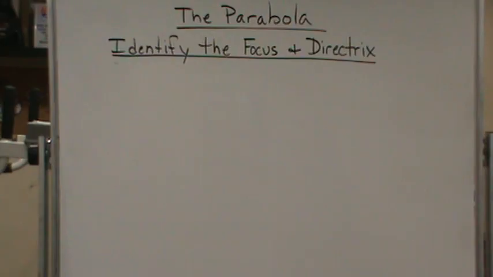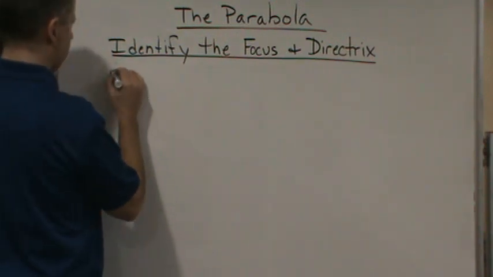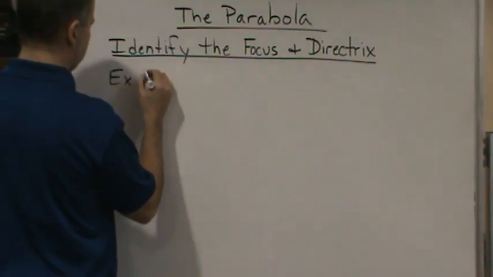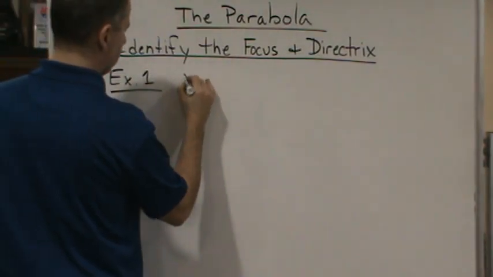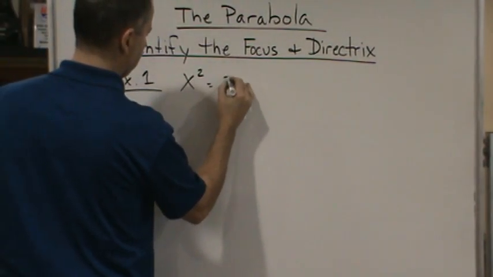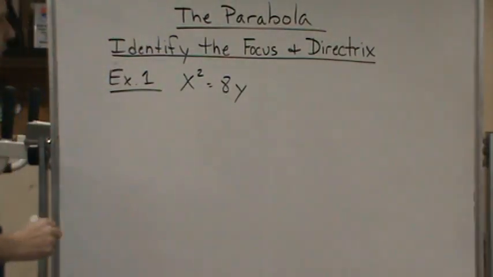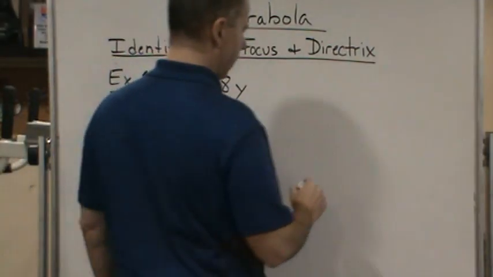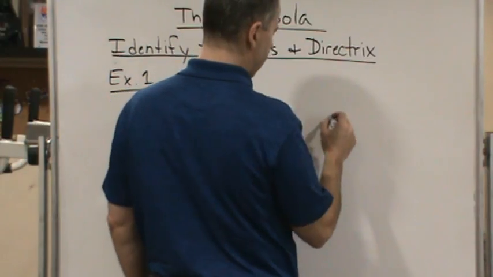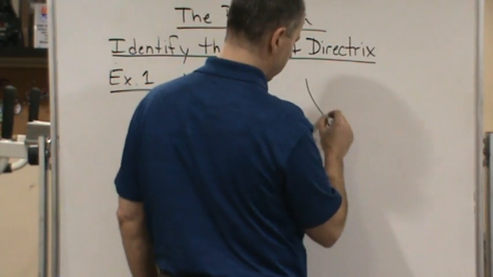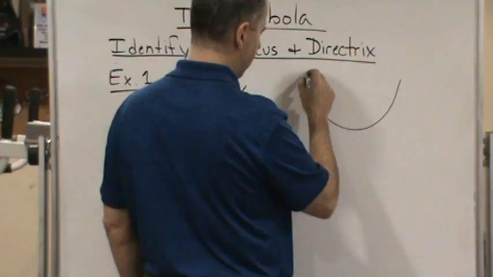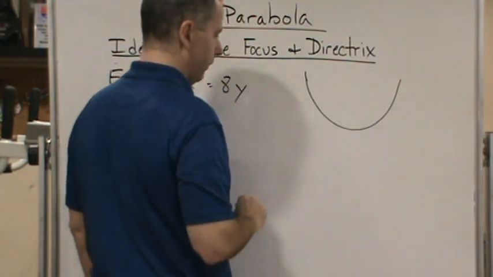Okay, so what we have is this flashlight, right? And that has a parabolic shape inside.